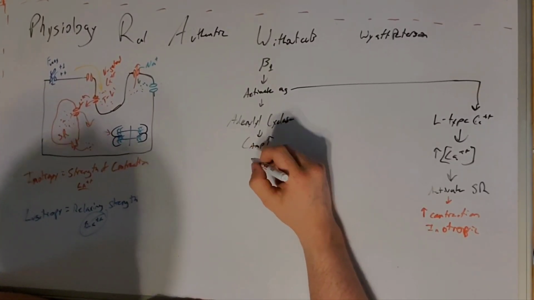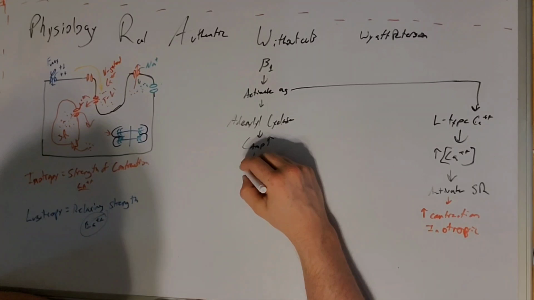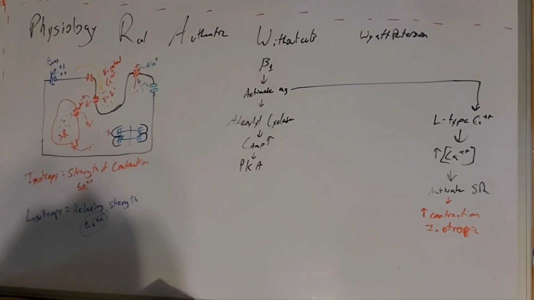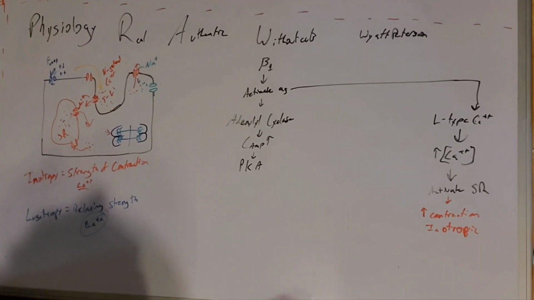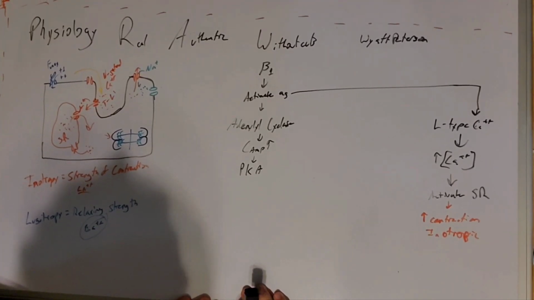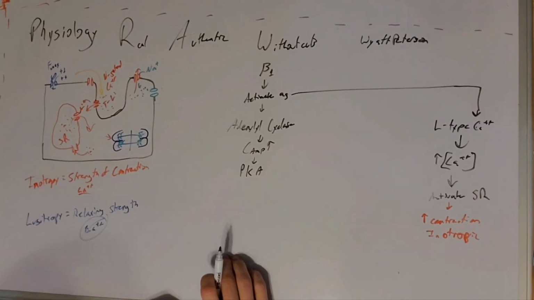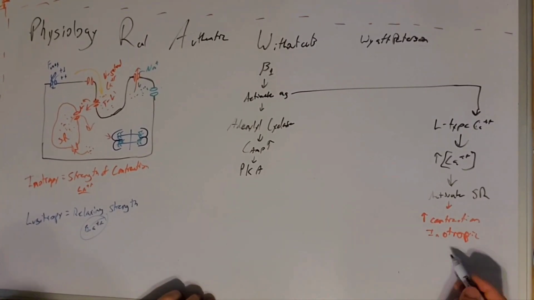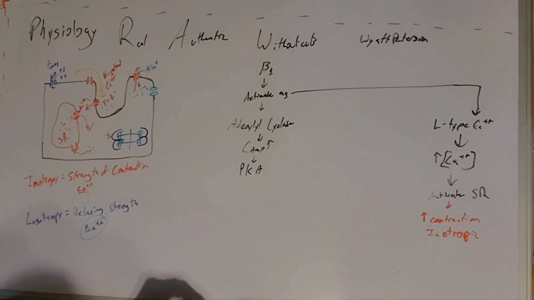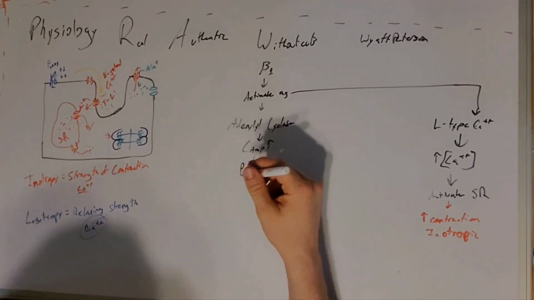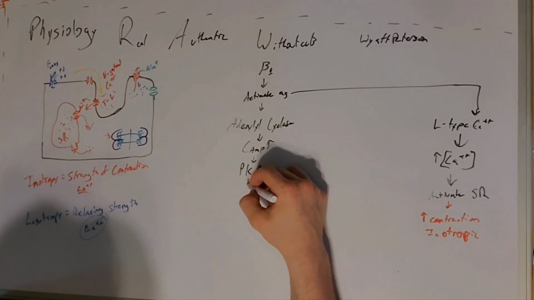So that concentration will go up, and then that will activate protein kinase A. So hopefully I'll have enough room. If not, I'll start erasing stuff. Since I started with the inotropy, I think I'm going to just keep going with that, and then I'll erase and then put the lusitropy pathways.